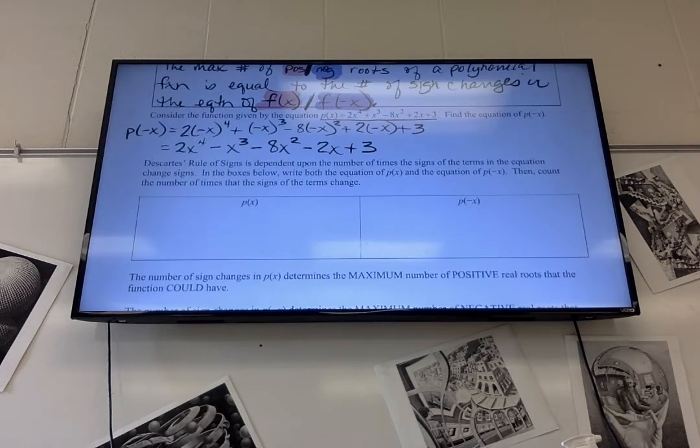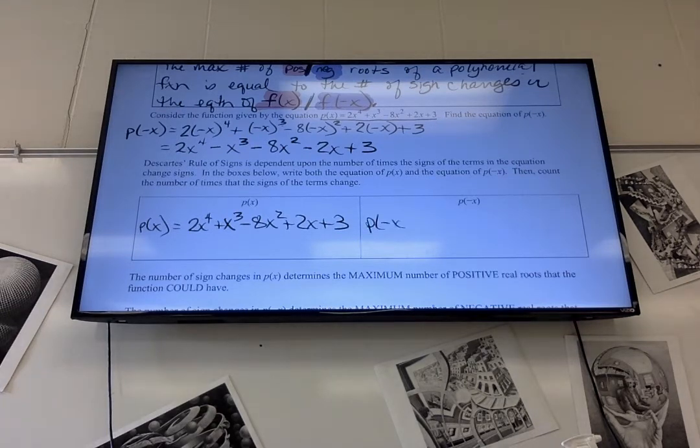Now I'm just going to rewrite these two things here. P of x was 2x to the fourth plus x cubed minus 8x squared plus 2x plus 3.